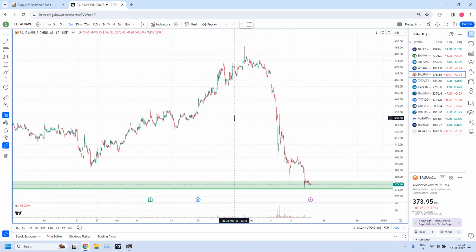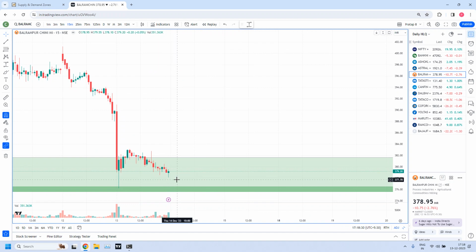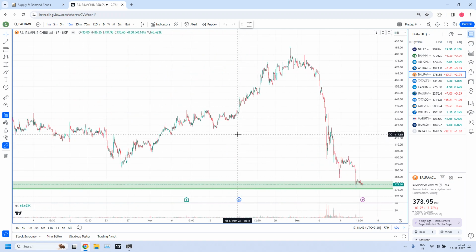It's all depending on the institutions' play. If prices go there again and the institutions' orders are still very strong, once again we can see a rejection. So these are some important observations you have to make.